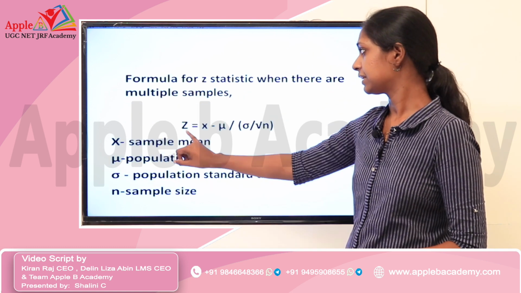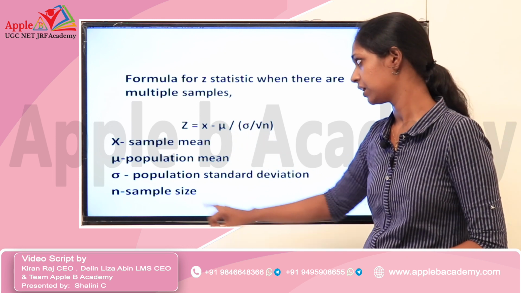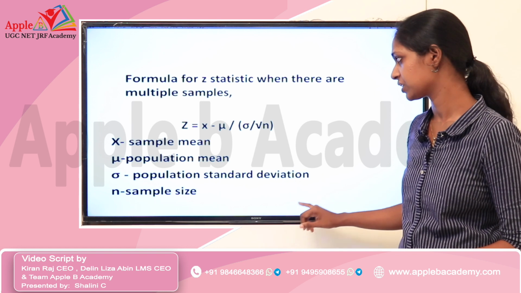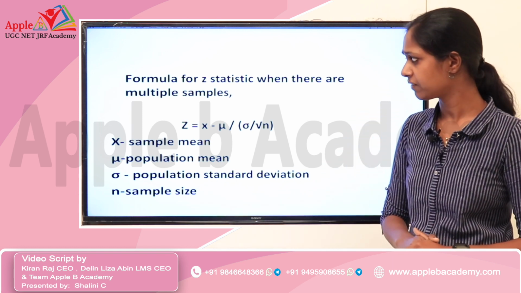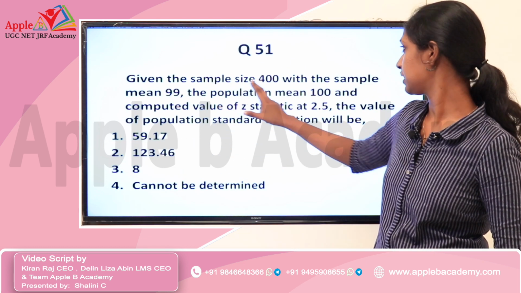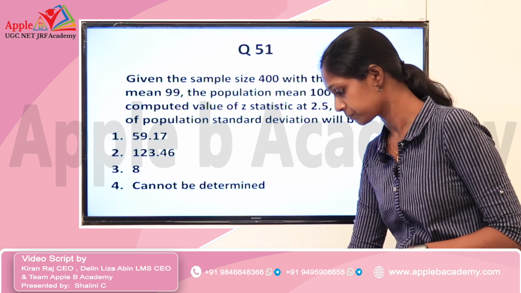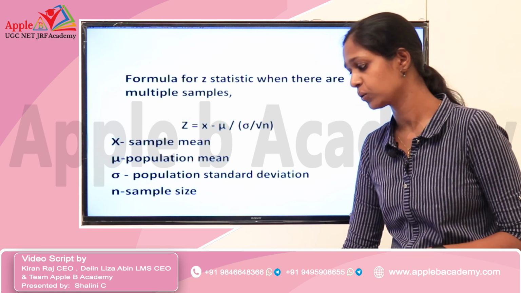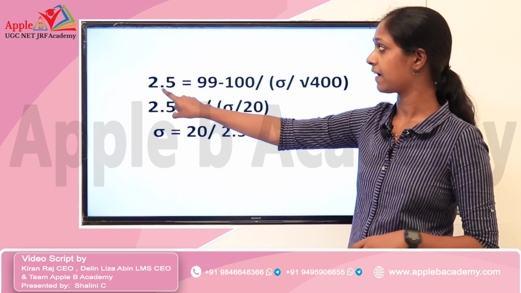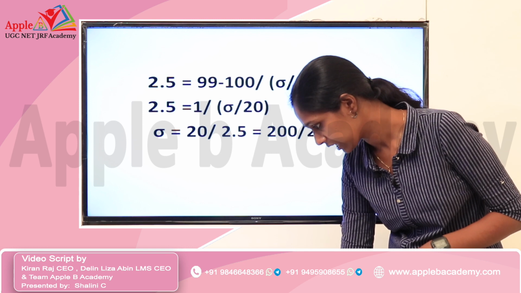When there are multiple samples, Z is equal to x minus mu divided by sigma by root n. Here x is the sample mean, mu is the population mean, sigma is the population standard deviation and n is the sample size. Actually, we have all these values in the question: sample size, sample mean, population mean and Z statistic were given. So, let us compute. Z is equal to x minus mu divided by sigma by root n.